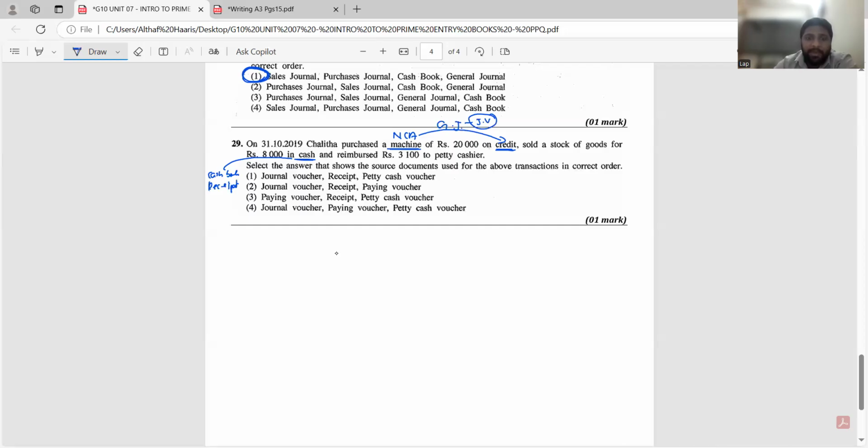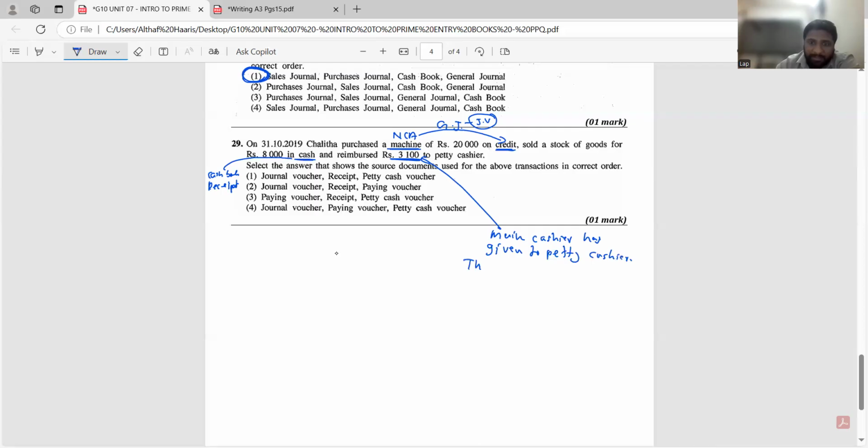And reimburse 3,100 to petty cashier. Main cashier has given money to the petty cashier.